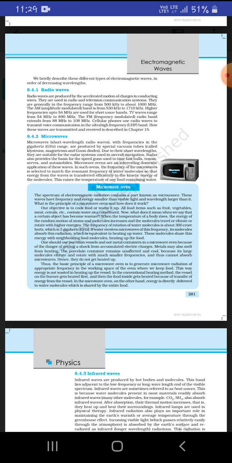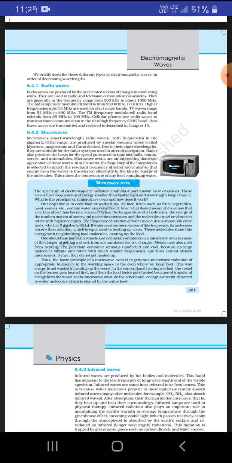Due to their short wavelength, they are suitable for radar and navigation systems. Microwave ovens are a domestic application of these waves, and in such ovens the frequency of the microwaves is selected to match the resonant frequency of water molecules.